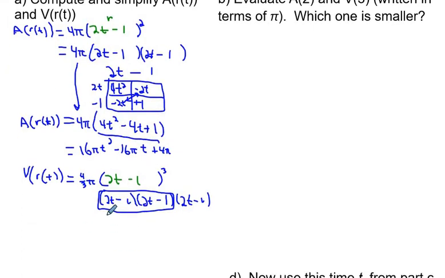That would be 4t squared minus 4t, and then plus 1. Again, the same thing we had right here. And then I'm just going to box that up, because that is what that equals.